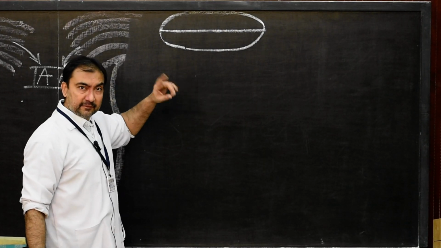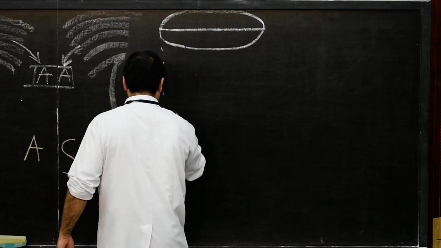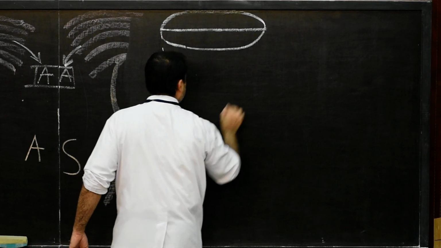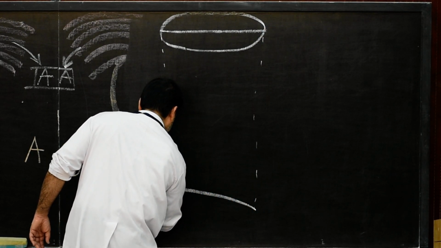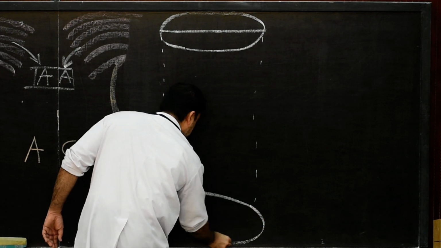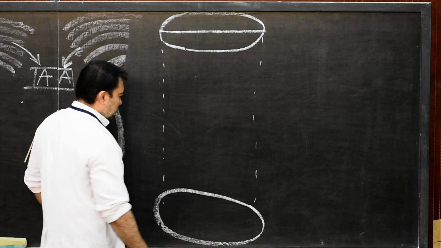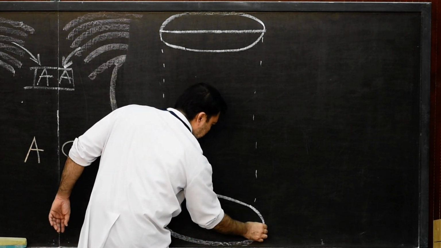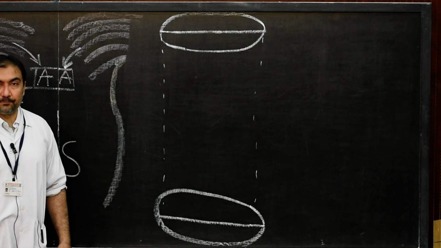Remember, this is the distal, cephalic. Here I will show the proximal part. Now, this proximal part also will have a transverse ridge dividing it.